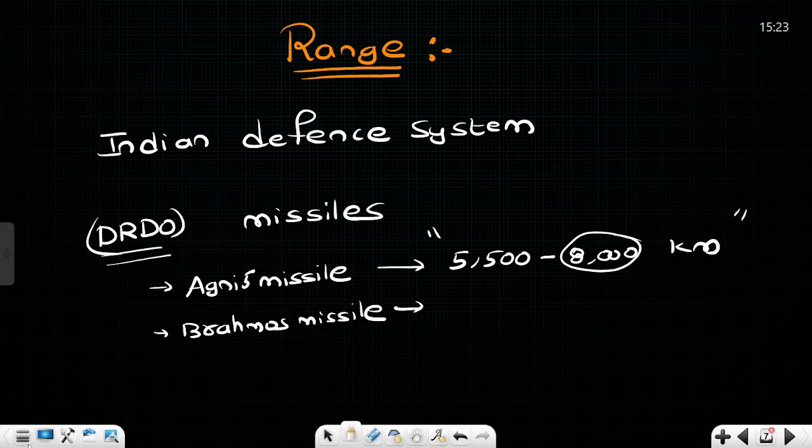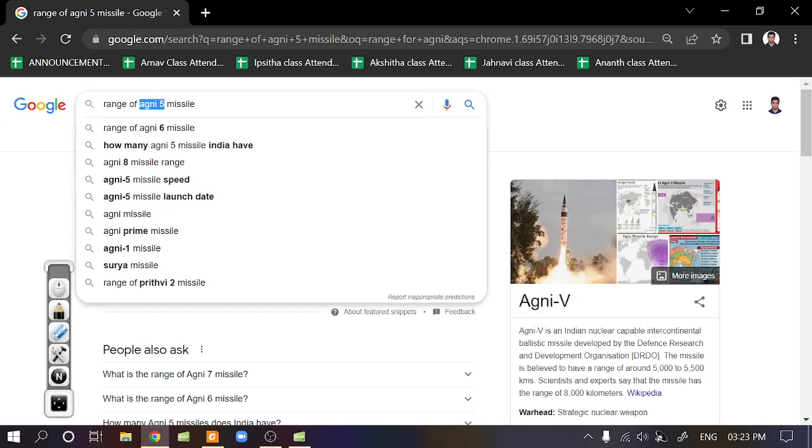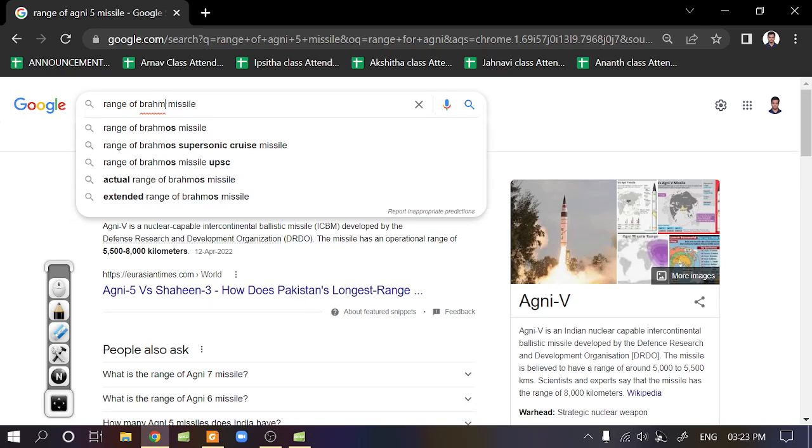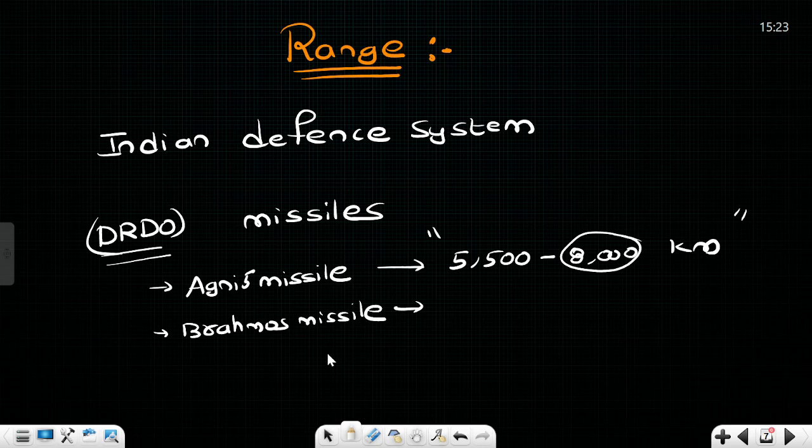Similarly, BrahMos. Let's see for the BrahMos. BrahMos is the most advanced version. Sir, what is this, sir? 350 kilometers from original. But why, sir, for BrahMos only there is 350 kilometers?